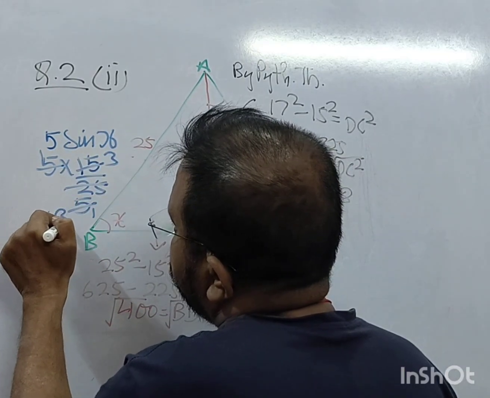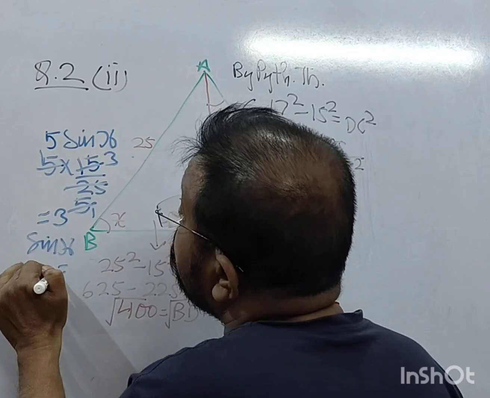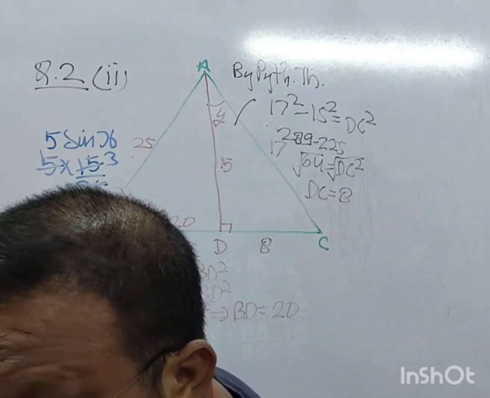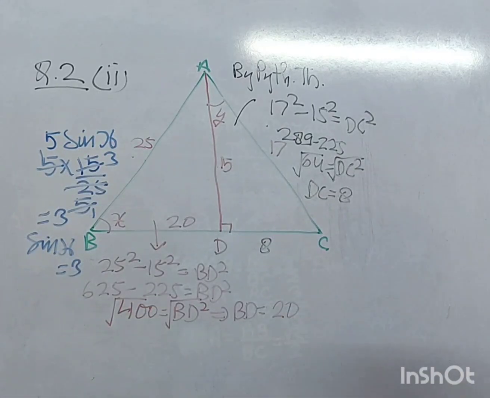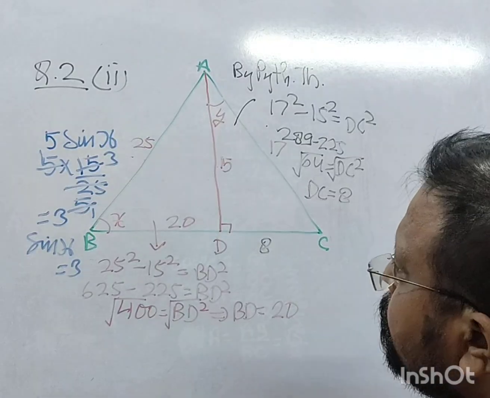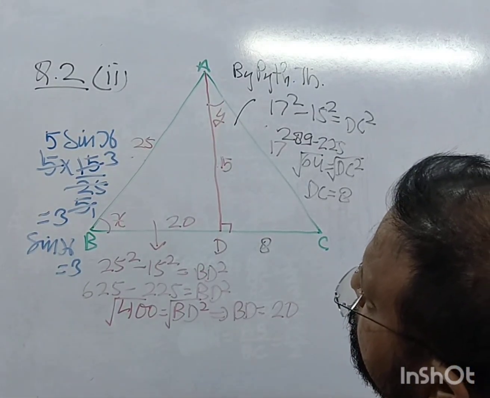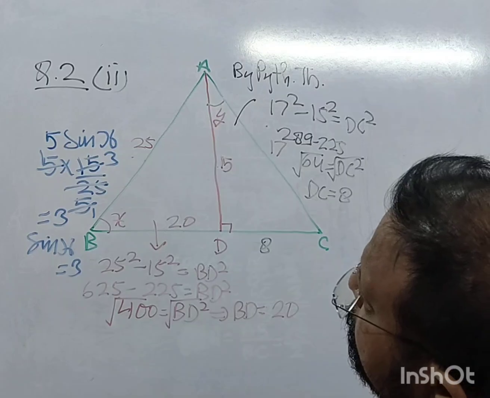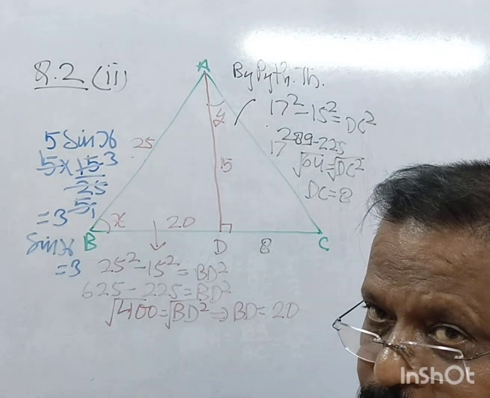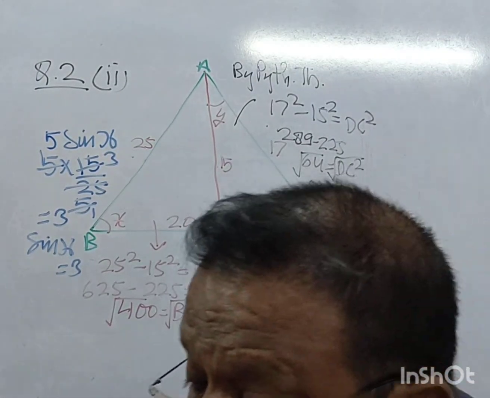So it is 3. So 5 sin X is equal to 3. You get it? Sir, 5 into 15 upon 25, we cancelled 5, then 5 became in place of 25. Then 5 cancels with 15. Okay, fine.